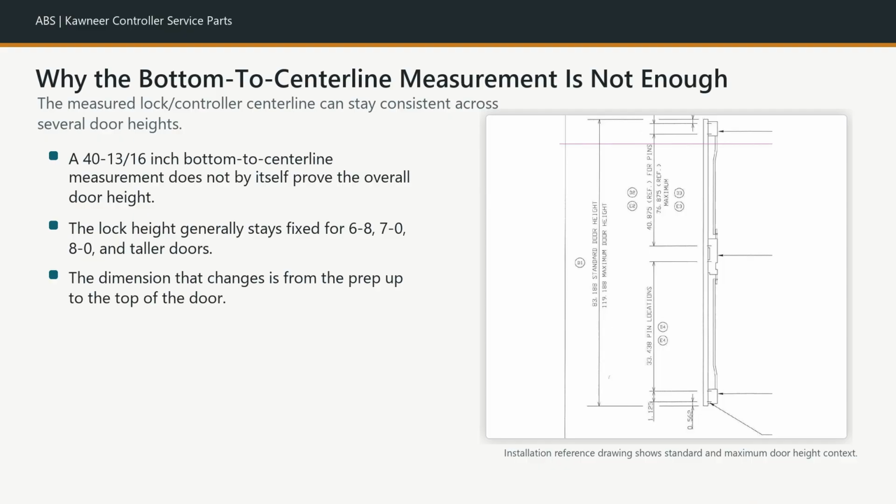It's the height that grows. Or I should say, it's the dimension from that prep you measured up to the top of the door. That's the variable. So your lock height doesn't change just because the door height changes. If that made sense. So yeah, the short answer is the data provided doesn't tell us the height of the door.